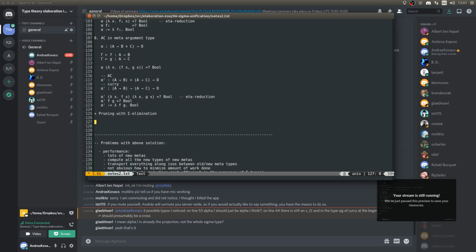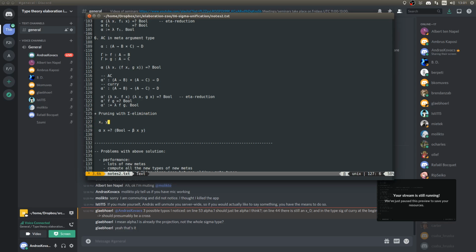Previously, for example, pruning is about solving metas with functions which are constant in some of the arguments. So pruning is about dropping dependencies of meta variables. One example for pruning is when I have that alpha x should be equal to bool arrow, so this is a function type, bool arrow beta of xy.